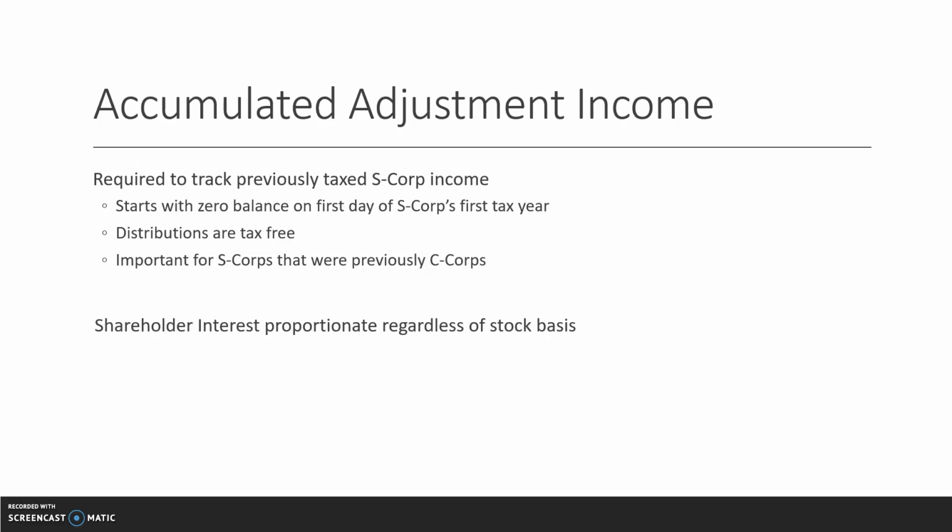And distributions from this amount are going to be tax-free. The reason for this is because what the accumulated adjustment income tracks is income that has been undistributed previously, but has already been taxed. So any undistributed separately or non-separately stated items that have already been put through the tax get distributed to the shareholders tax-free to avoid double taxation like in a C Corp.